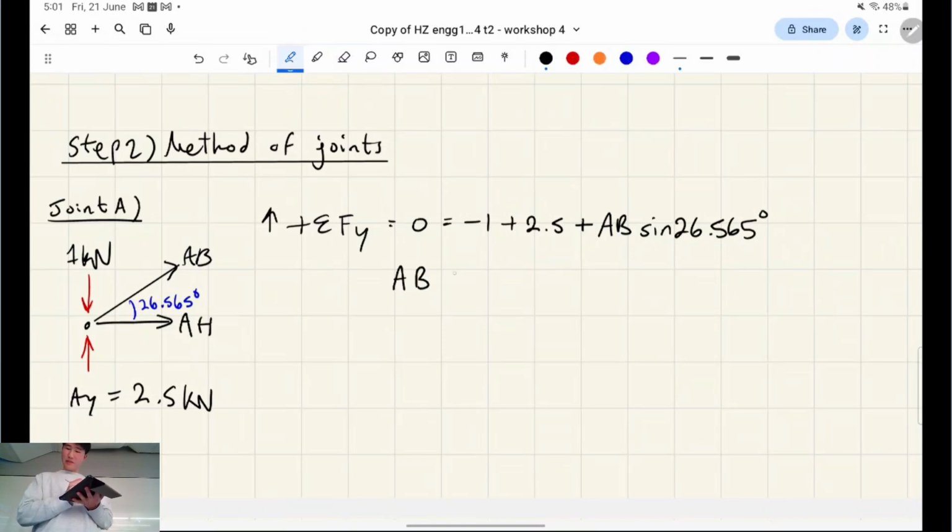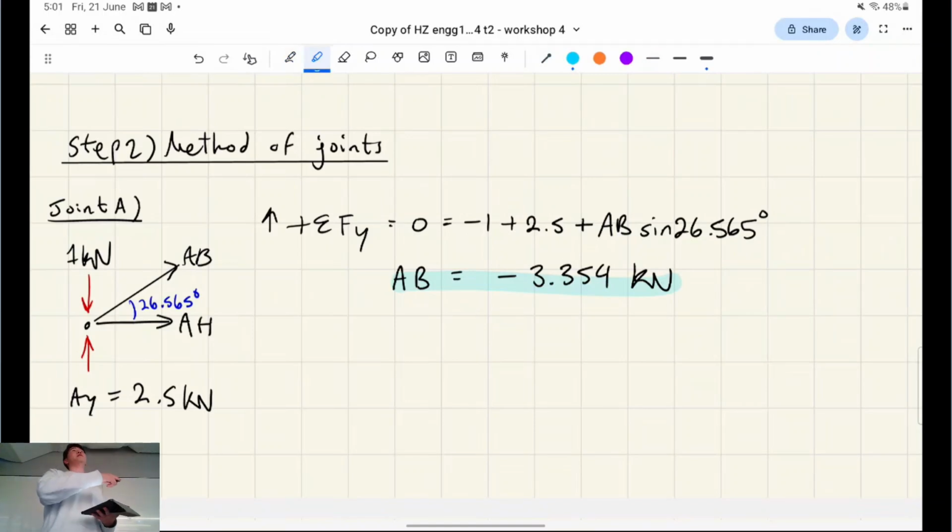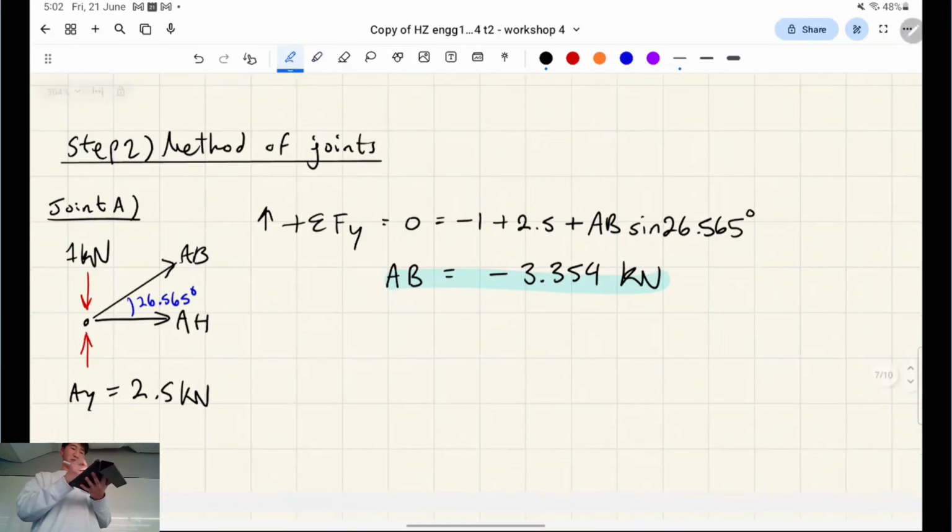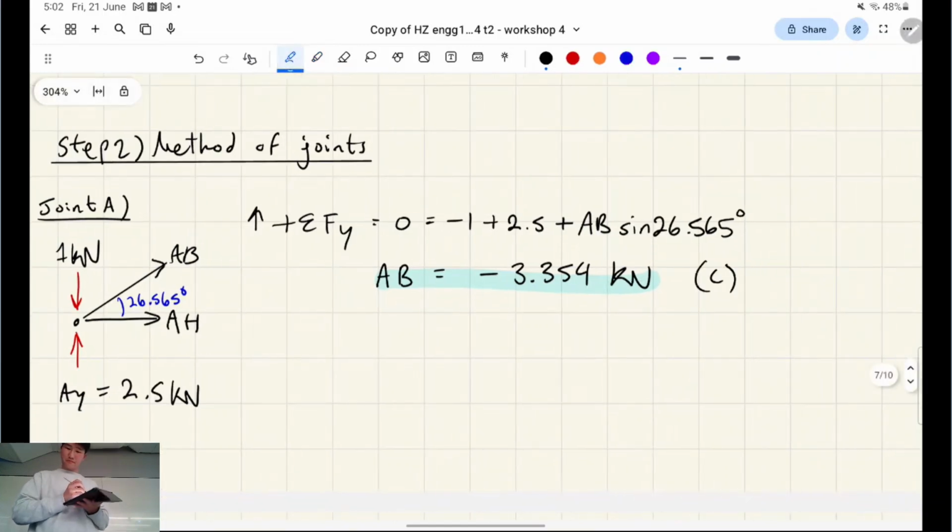And that gives you AB is equal to this, right? So, is this member in tension or compression? Compression, very good. So if you get a negative number and you use this tension convention, then a negative number will give you a compression member, okay? So that's in compression. Okay, so now that we know AB, we can also solve for AH.